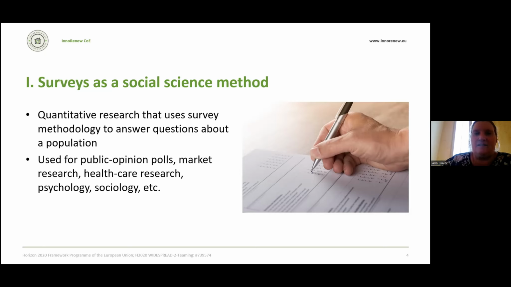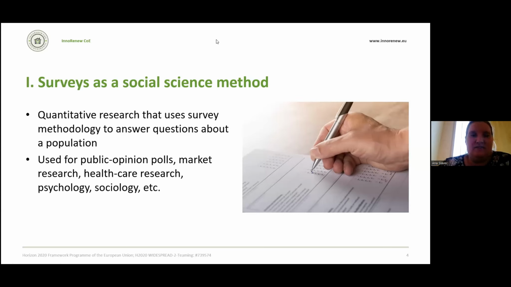It happens very often nowadays that even researchers in natural sciences and technology want to use surveys because maybe they produced something new, an innovation, and they want to market test what they developed and get some feedback about their product.